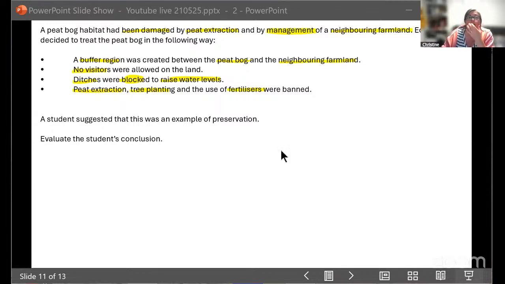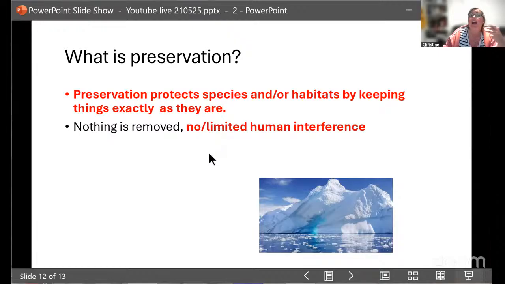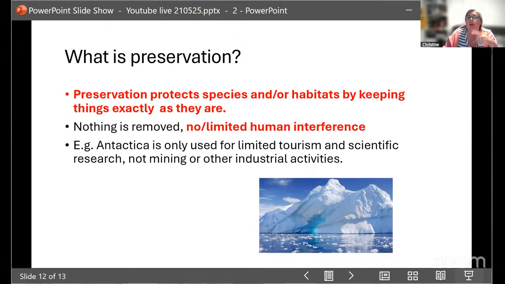What is preservation? We're going to protect the species and make sure things are kept exactly as they are. How? Nothing is removed. No or limited human interference. For example, Antarctica, limited resources, limited people going there. That is showing us that we are doing preservation.